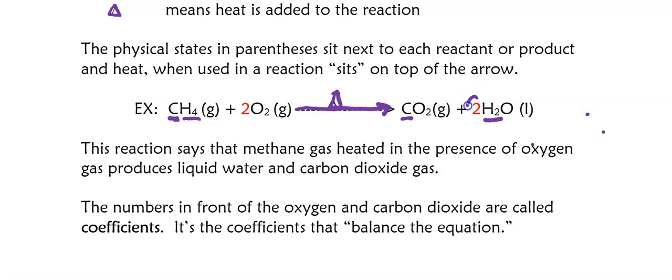So that is where balancing comes in, putting the coefficient in front of the molecule or ionic compound to make sure it balances. However, when you put a value in front, it gets distributed to both of the atoms. So you now have 4 atoms of hydrogen on the product side, and you have 2 oxygen.